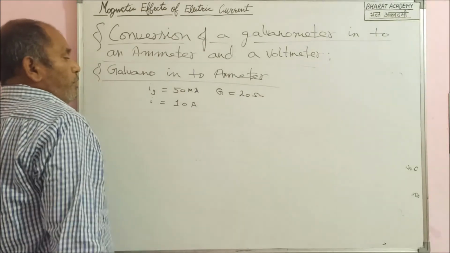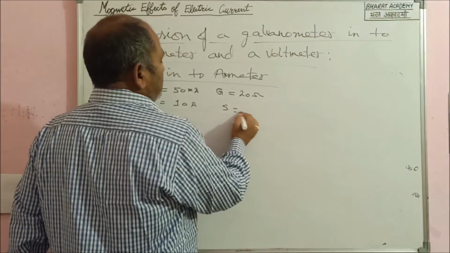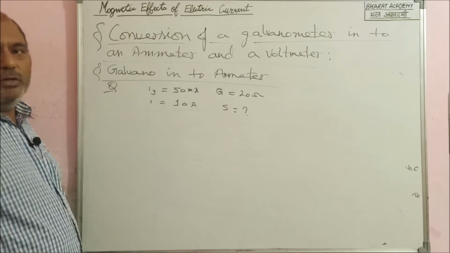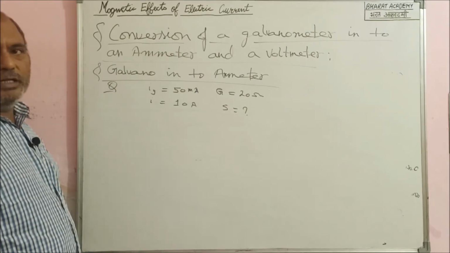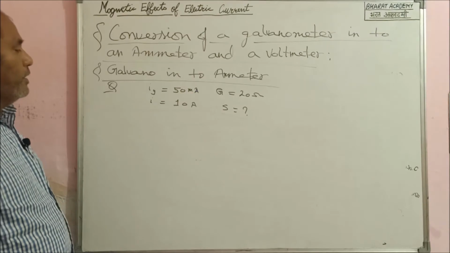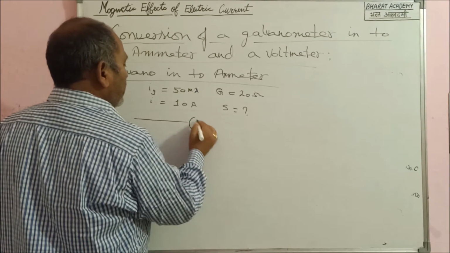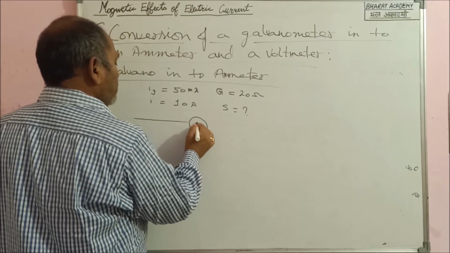What should be the value of the shunt? How will you convert this galvano into an ammeter which could read 10 ampere current? For that, whenever there is a question, draw the circuit diagram first.